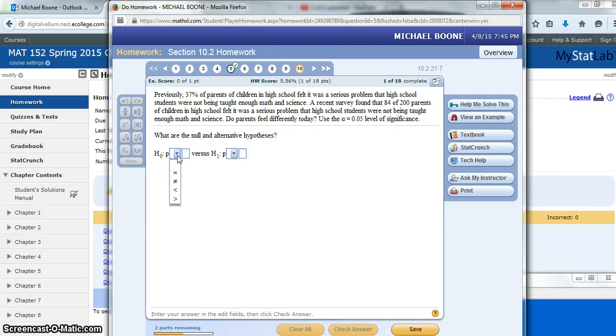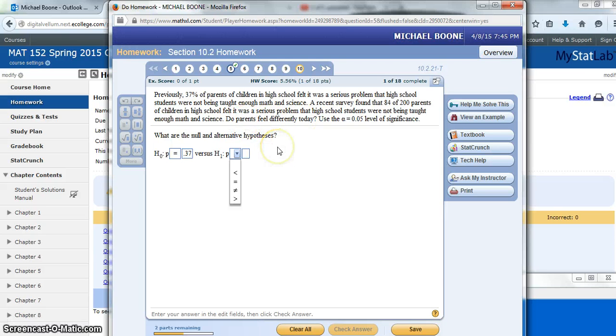Now, it doesn't mean your null hypothesis is always going to be equal what they tell you. So that's something that's given. You should have dove into that in section 1. It'll never be equal to with what we're doing. Our alternative hypothesis, it'll either be greater than, less than, or not equal to. We have to determine that by the context of what they say here. Do parents feel differently today?